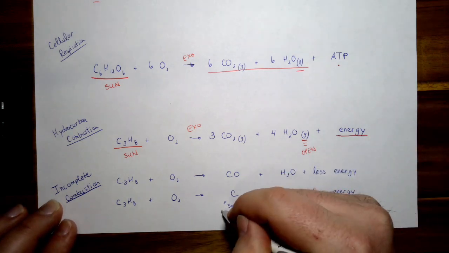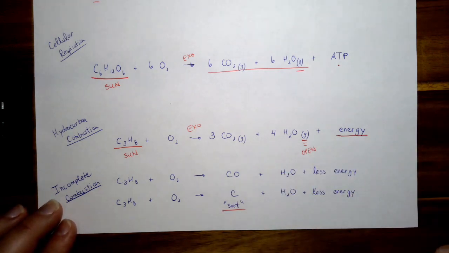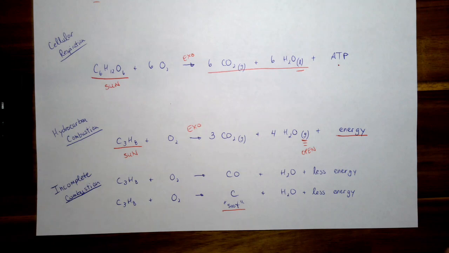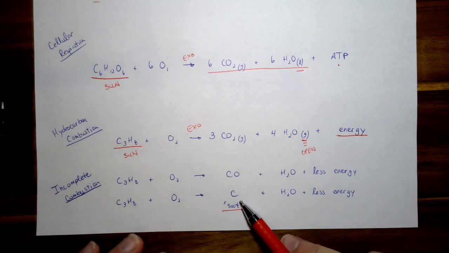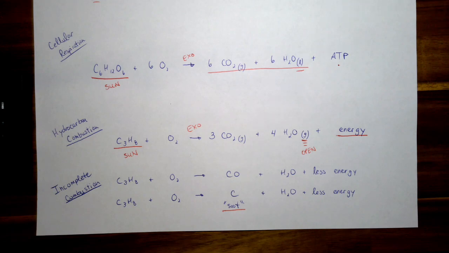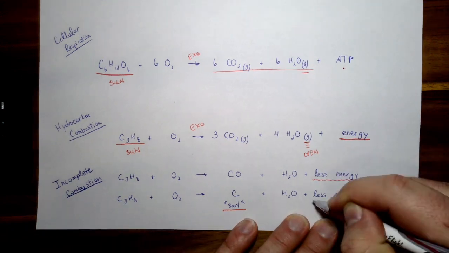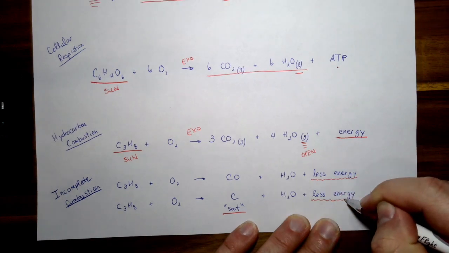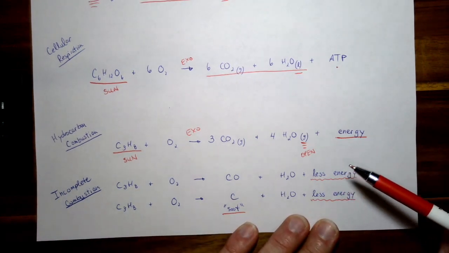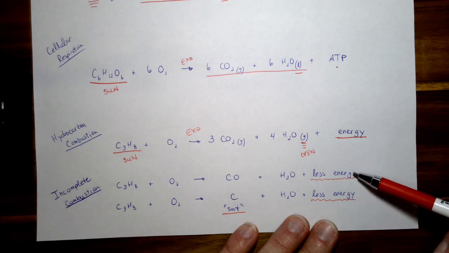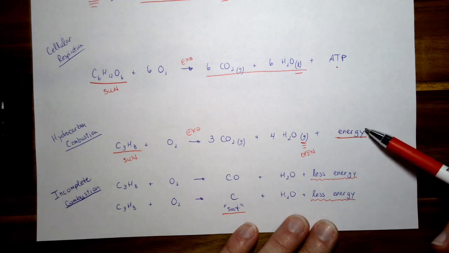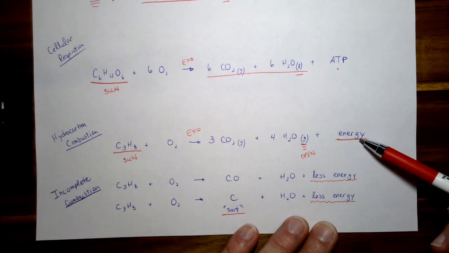And please know that just carbon can also be called soot. If there's evidence of soot, that's saying you have carbon, and it's typically hinting at an incomplete combustion. Lastly, and I saw this on the most recent diploma after sitting there for perusal, it's important to know that incomplete combustions provide less energy released than a full, complete hydrocarbon combustion.